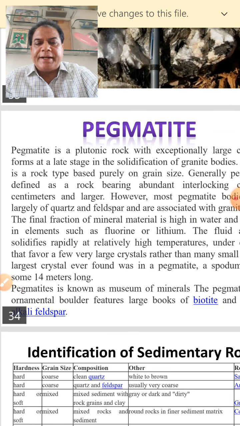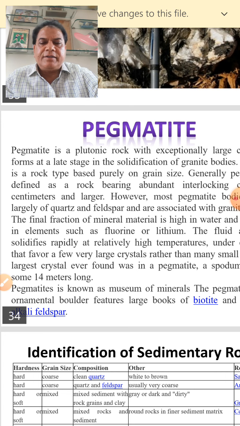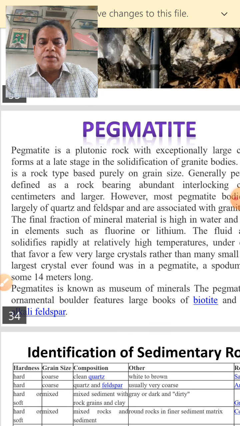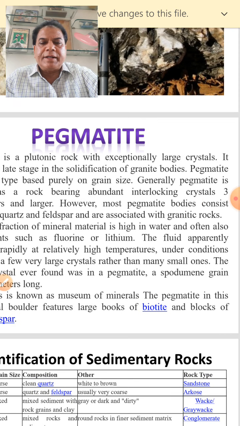Pegmatite is formed in the end stages, and biotite, alkali feldspar, quartz are the common, or essential, minerals that will be there. In addition to that, there will be very rare minerals found in your pegmatites.